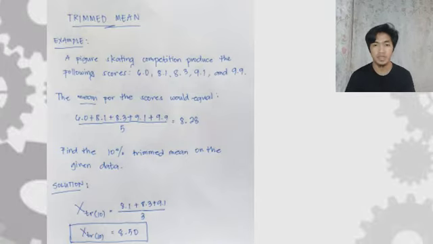So, ang gagawin lang natin dito is tatanggalin natin yung upper and lower limit. So, ang matitira na lang dito is 8.1 plus 8.3 plus 9.1 divided by 3, which is tinanggalan natin ng dalawa. So, ang answer natin is 8.50, which is yun ang trim mean natin.